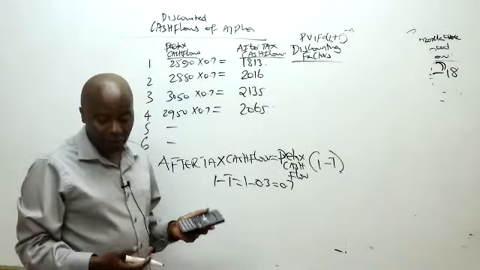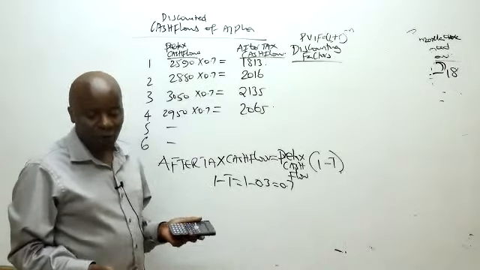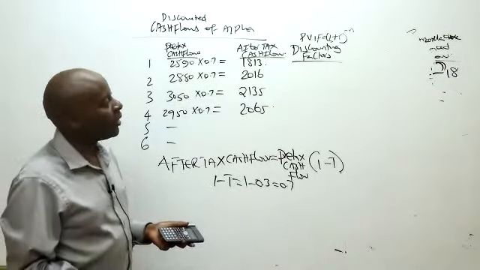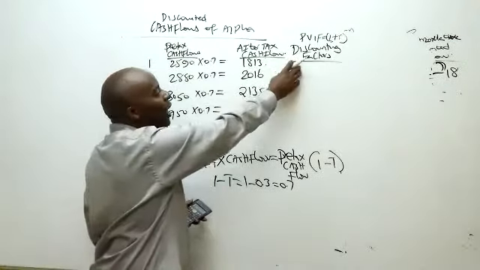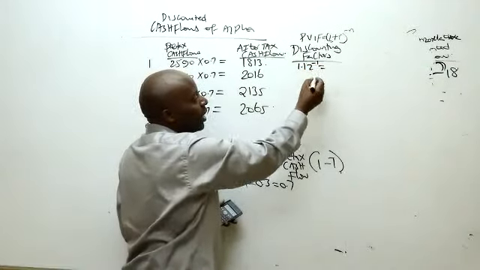Yes, note number 5: the cost of capital of the company is 12%. So we have 1 plus 12%, that is 1.12, raised to minus 1.